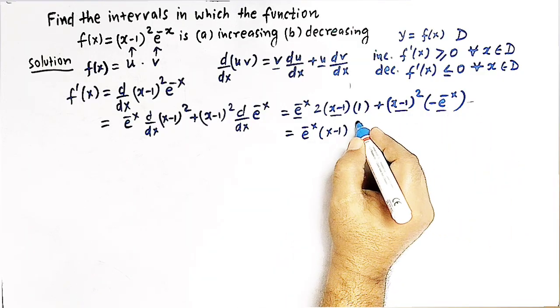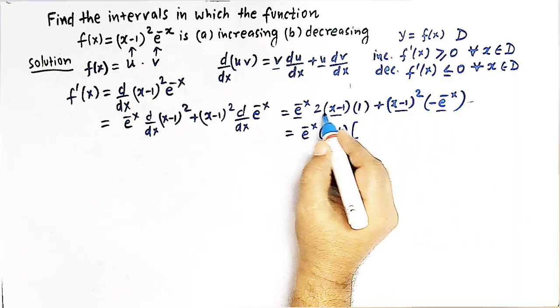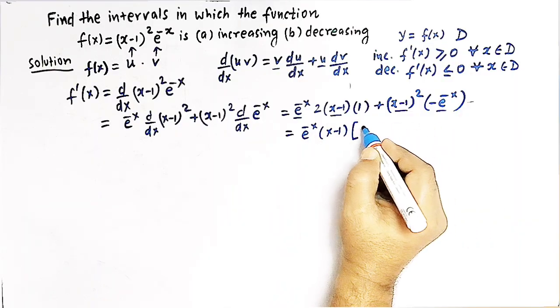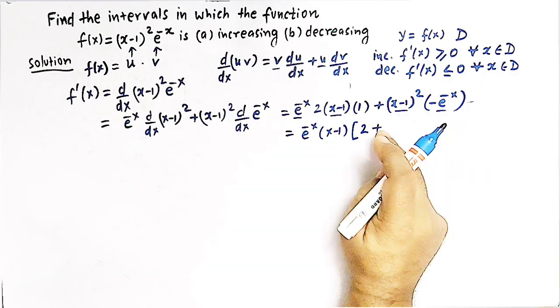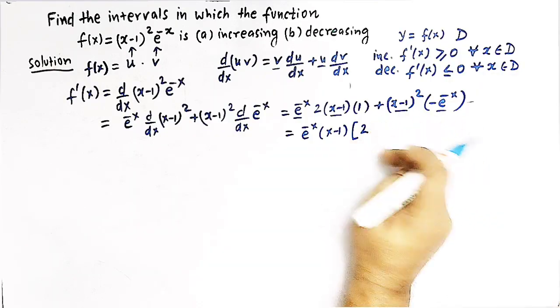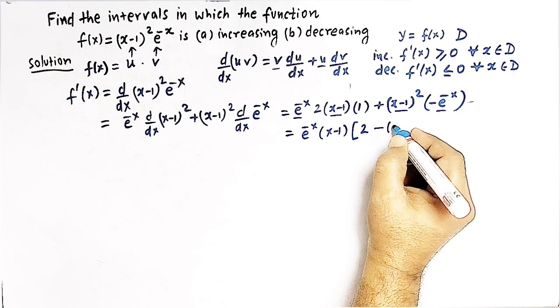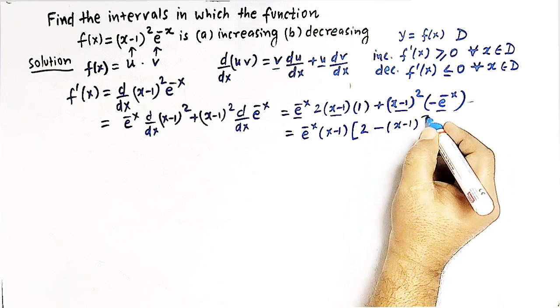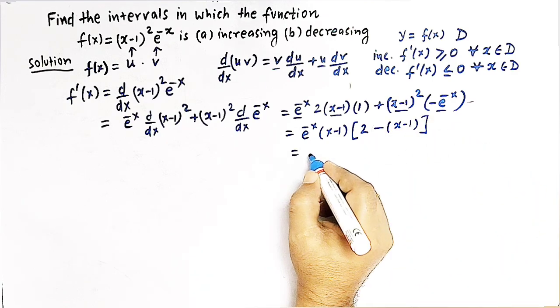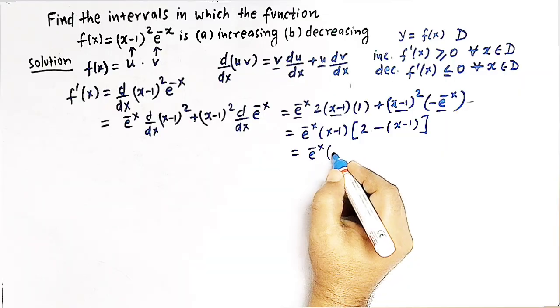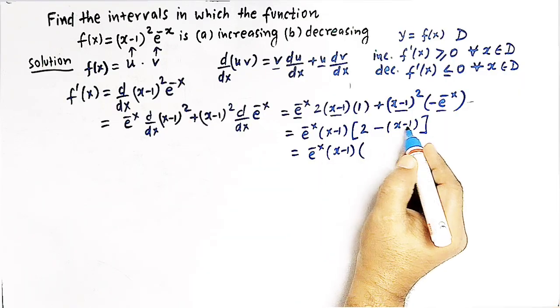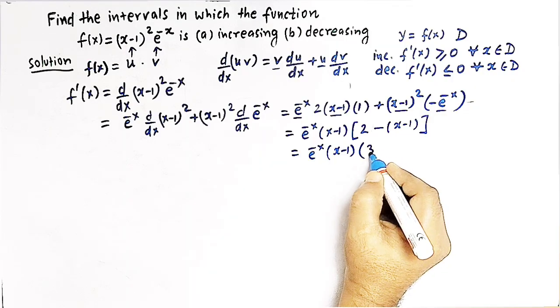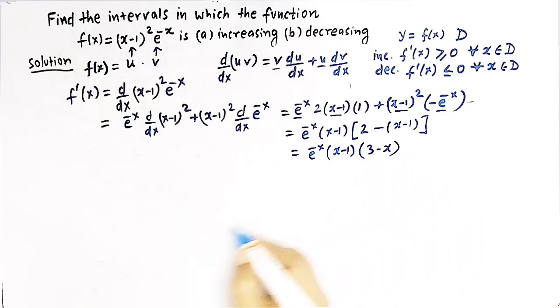So now inside the bracket we have simply 2, and then here we have the negative sign, and we have x minus 1, right? So we can now write e raised to minus x, x minus 1, and here we have minus x plus 1, so this is 3 minus x, right?